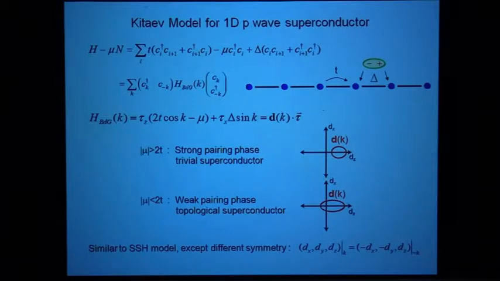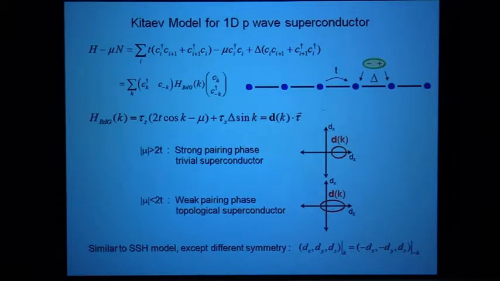Then the off-diagonal term is going to be this superconducting term, which gives you a sine k. Since it's a 2x2 matrix, I can do the same game that I had before, which is that I can think of it as a vector dotted into the Pauli matrix. And so you can see that this d vector lives in the xz plane. It looks kind of like what we had before in the Schrieffer-Heeger model.